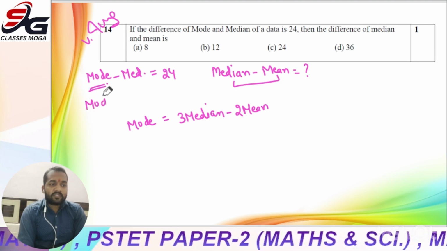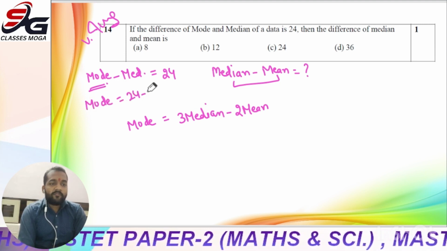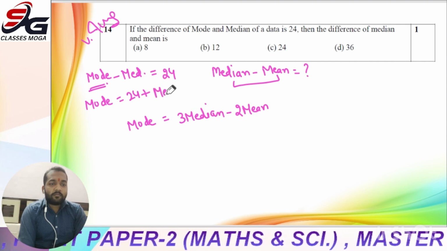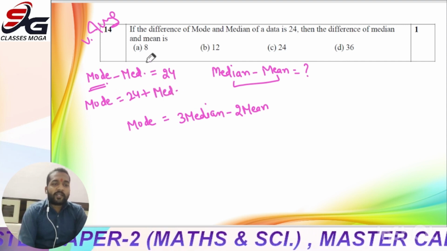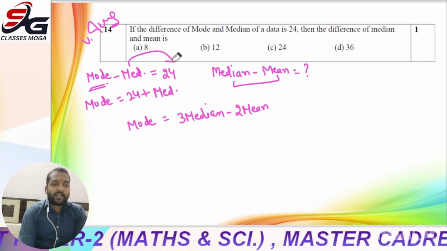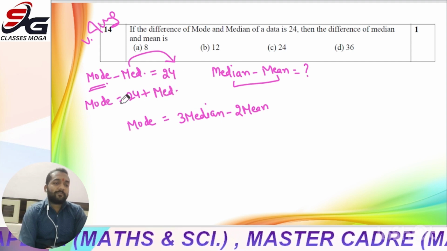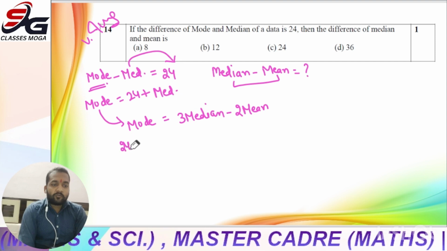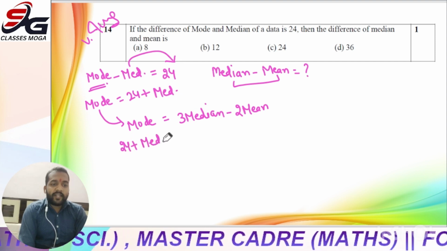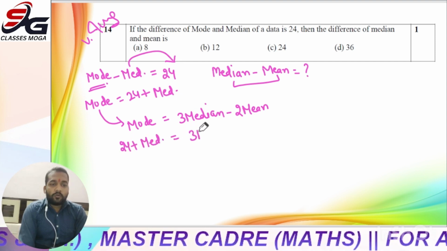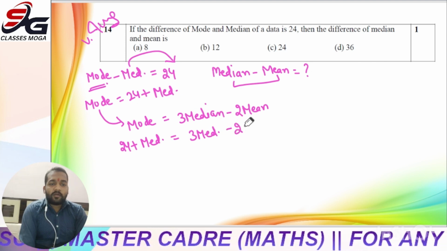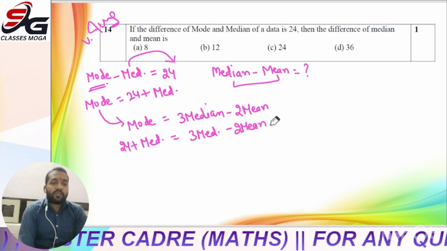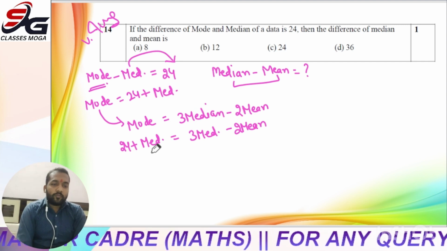So mode is equal to 24 plus median. Now put this value here. So it becomes 24 plus median is equal to 3 median minus 2 mean.